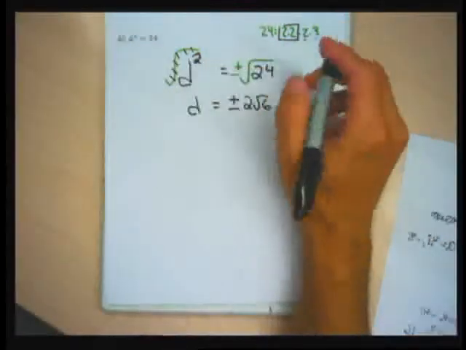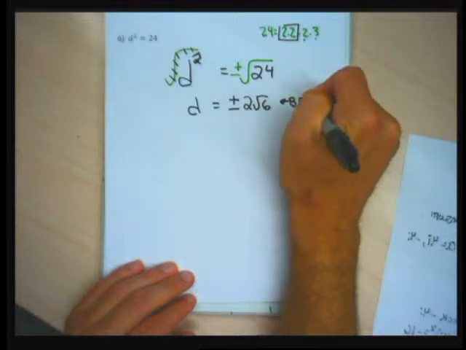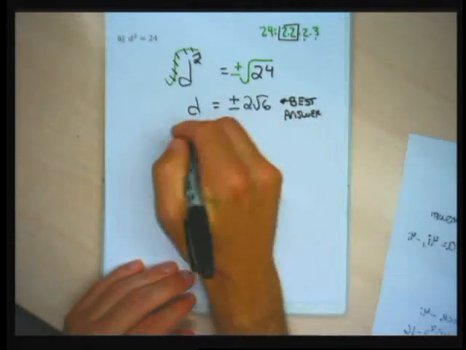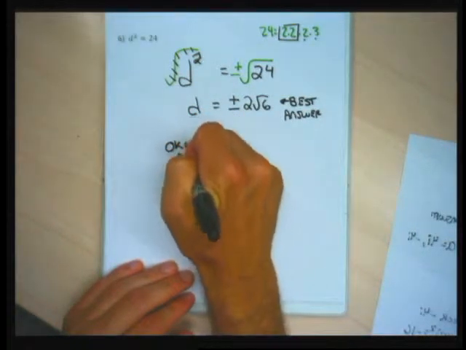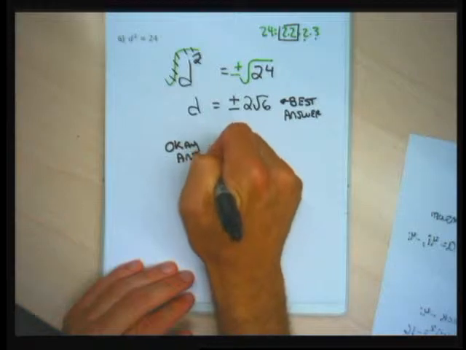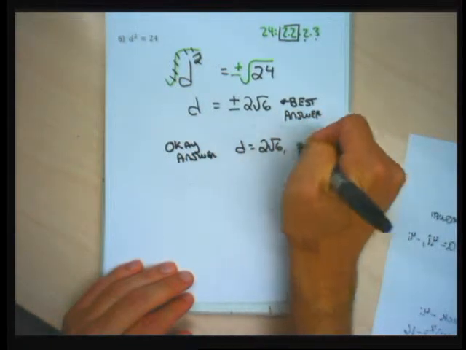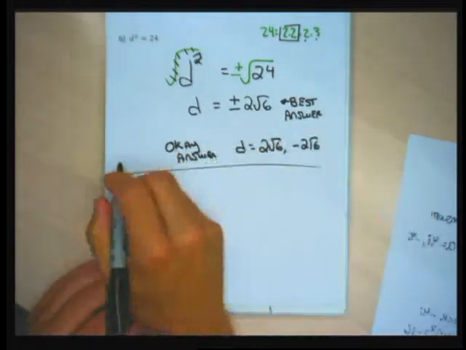This is the best answer. And again, you don't need to write the plus or minus symbol. That plus or minus symbol implies that both positive 2 square root of 6 and negative 2 square root of 6 are solutions. Again, I should always check.